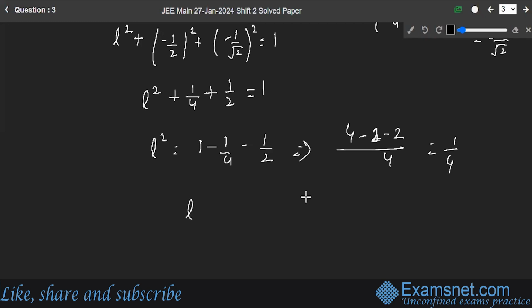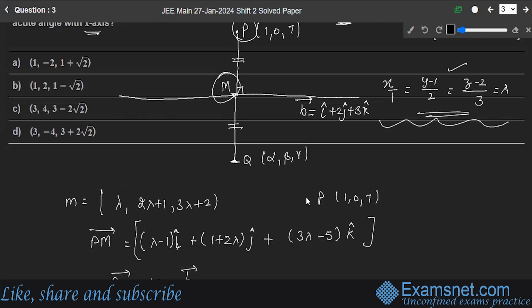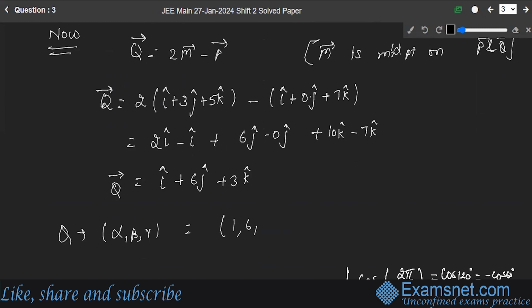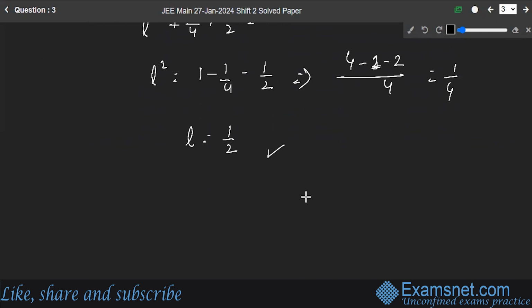That was L square. So L will be equal to 1 by 2, because it's given in the question that the line is making an acute angle with the x-axis. That means lying in the first quadrant. So L will be equal to positive 1 by 2.